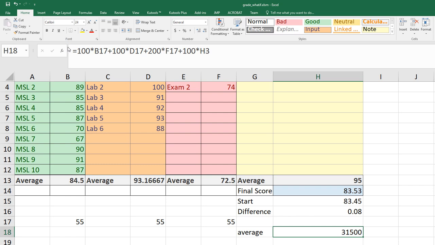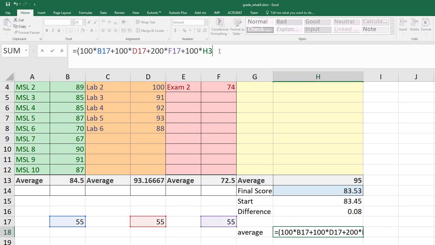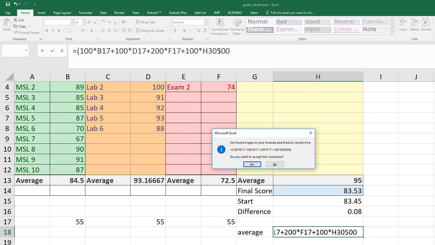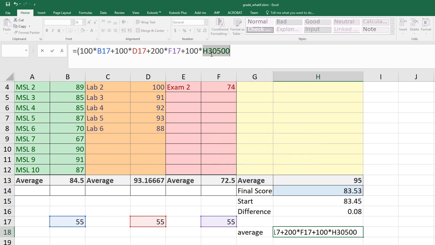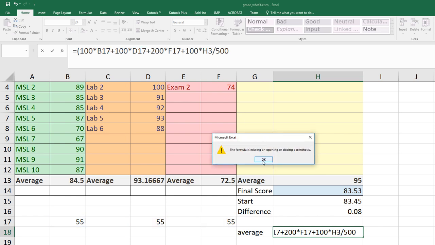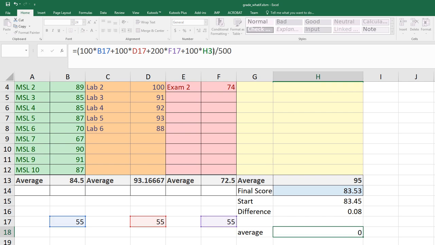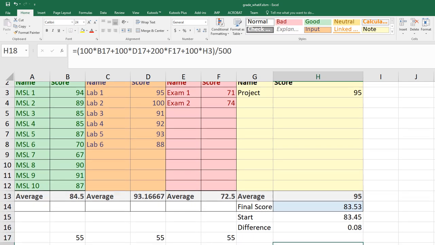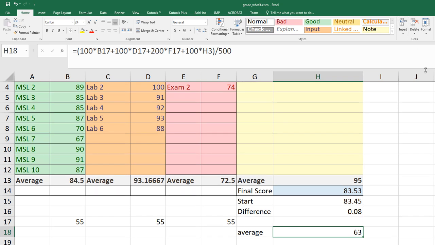And then I just need to divide that by the total number of points for the course. Okay, I need to get my parentheses in there. Okay, so it looks like with a 95, let me get this up here.